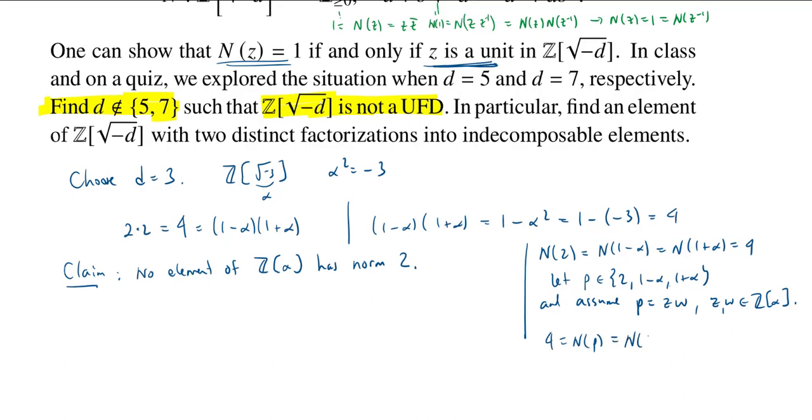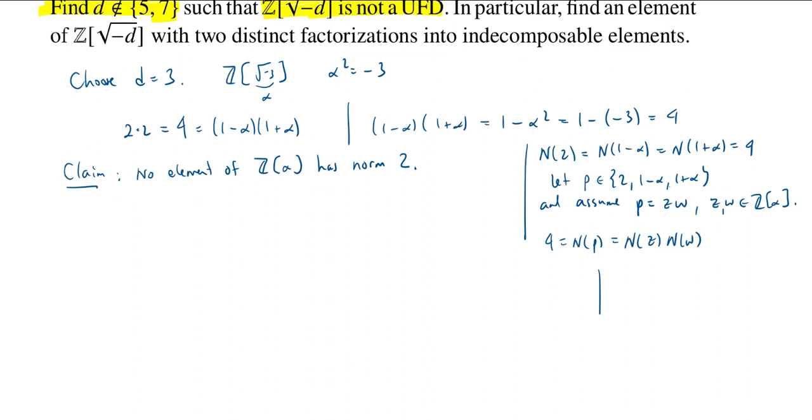And the norm of P is the norm of Z times the norm of W. Well, how can I have 2 non-negative integers multiply to give me 4? There's only a few different ways. I could have 4 times 1 or 1 times 4. And in either of these cases, one of the two has norm 1. So either one of these would imply that Z or W is a unit. Okay, and then I'm fine in that case. Now there's one other way to do it. I could do 2 times 2.